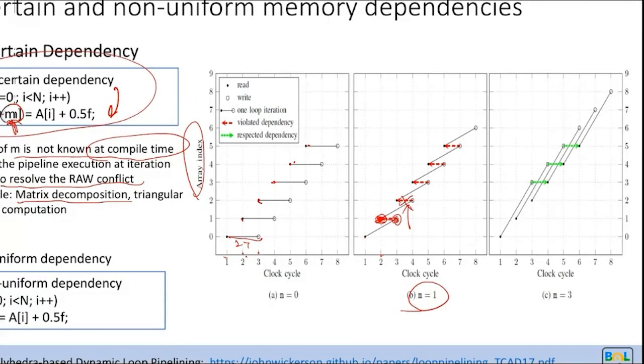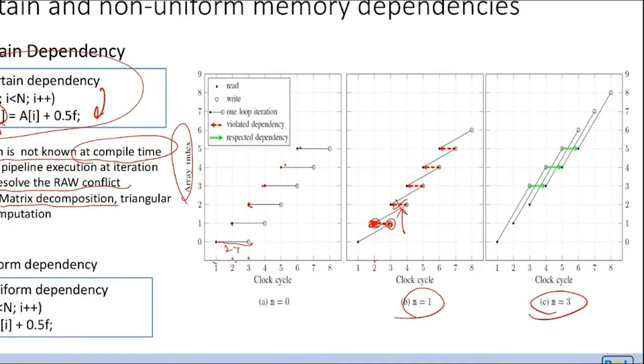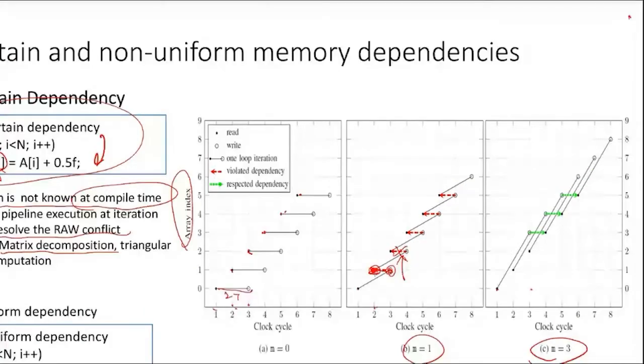If m equals 3, then there is no problem. You can see that the result is produced after 2 cycles of latency, and the next iteration's index can increment until iteration i equals 3.